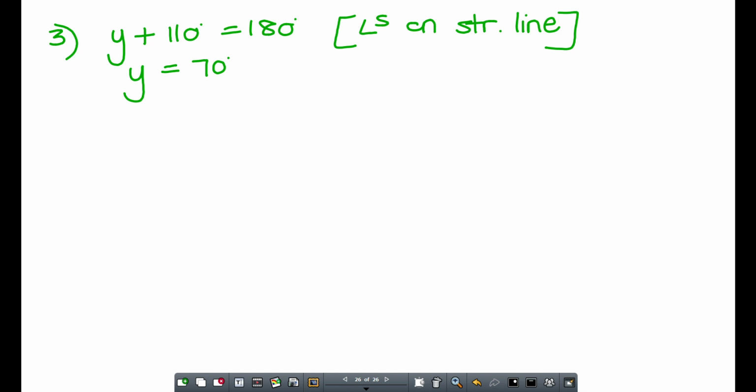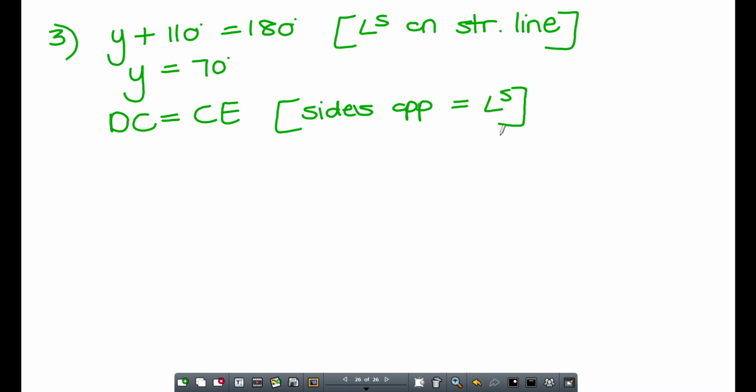Now that means that DC is the same as CE because it's an isosceles triangle. But we can't write isosceles. We write what was given: sides opposite equal angles. Okay, we end with what was given.